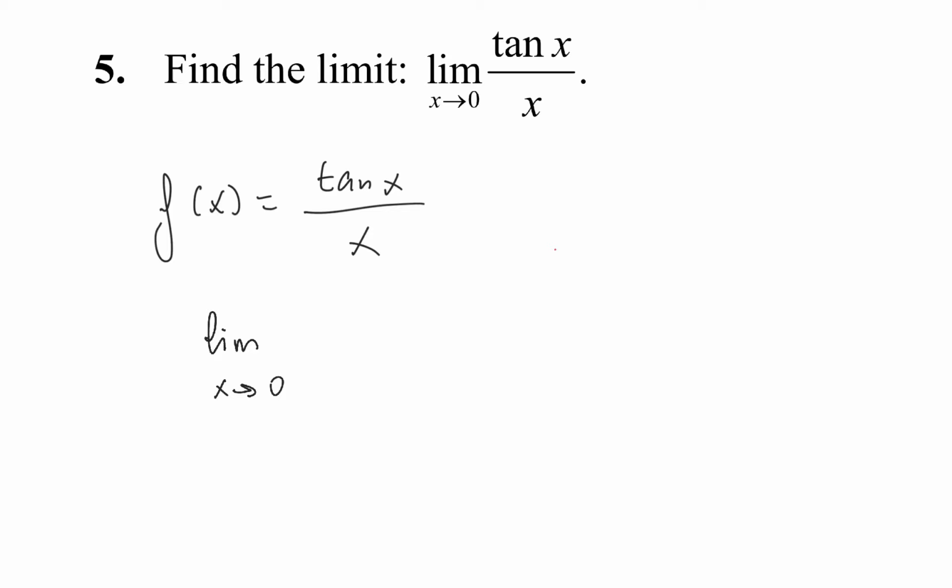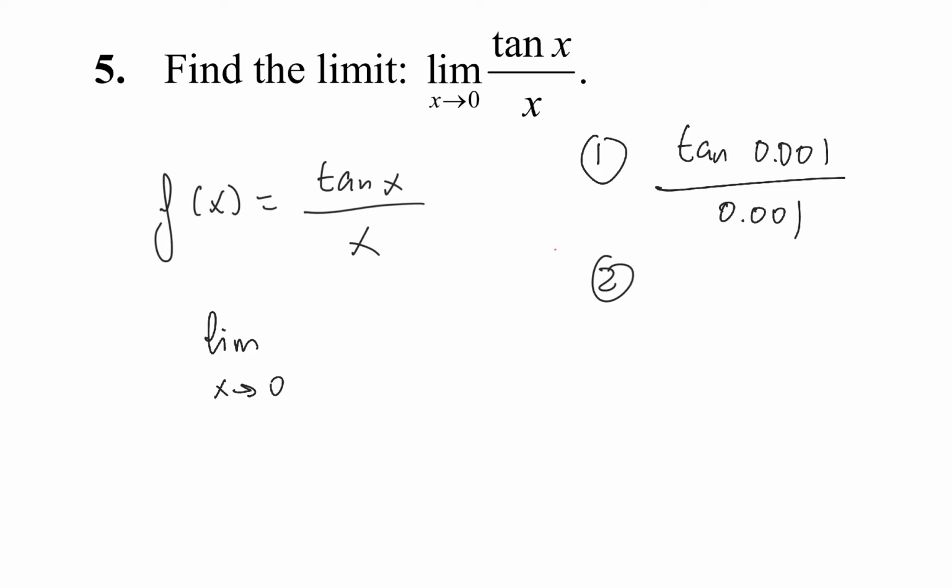So it means that it's 0.001. The first thing that we can do is tangent of 0.001 divided by 0.001. Later on, we do tangent of 0.00001 divided by 0.00001.